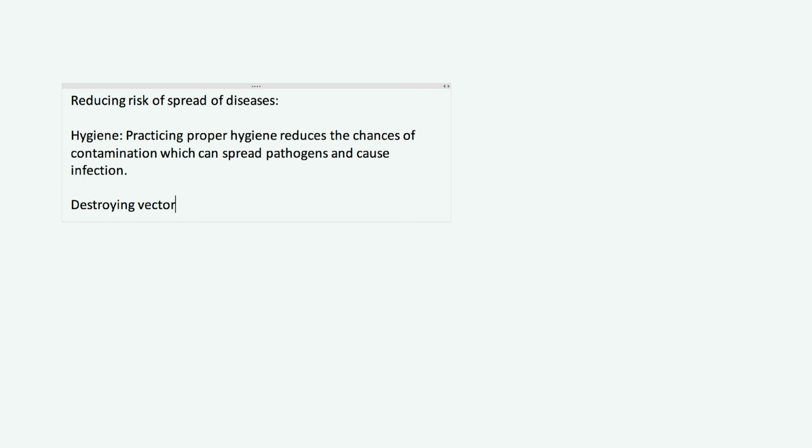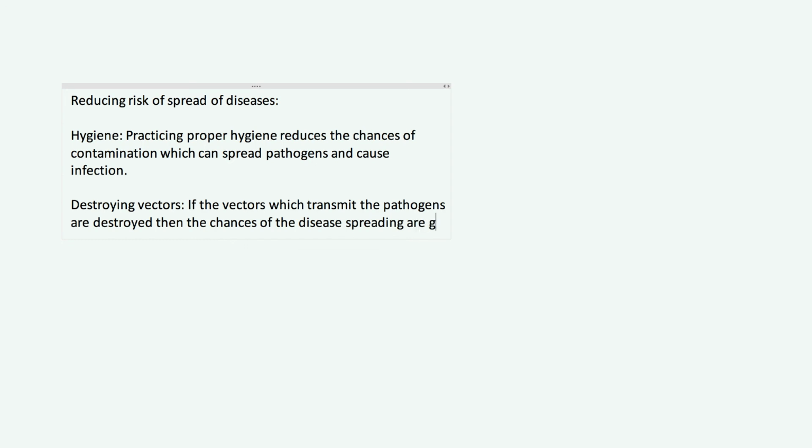Destroying vectors. Now, we've seen this already in the malaria example, right? So if the vectors which transmit the pathogens are destroyed, then the chances of the disease spreading are greatly reduced.